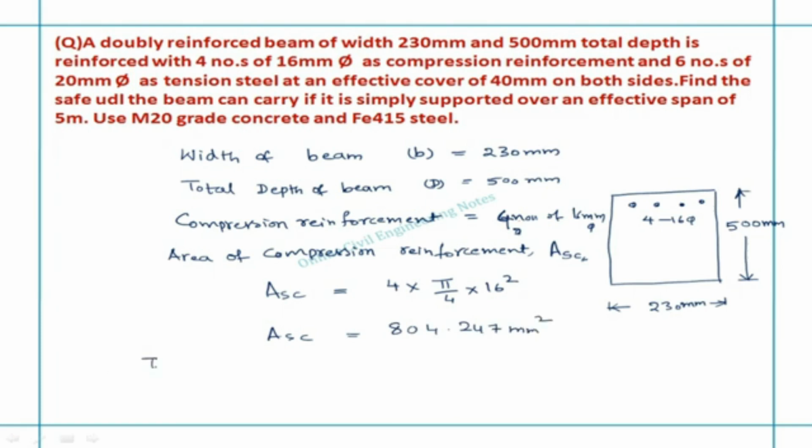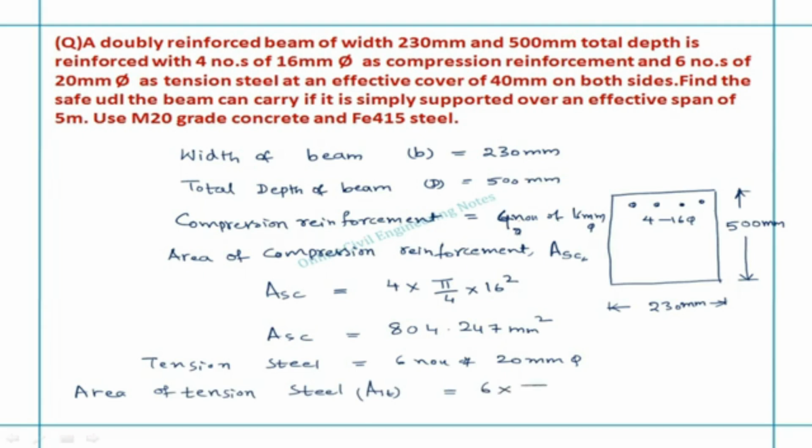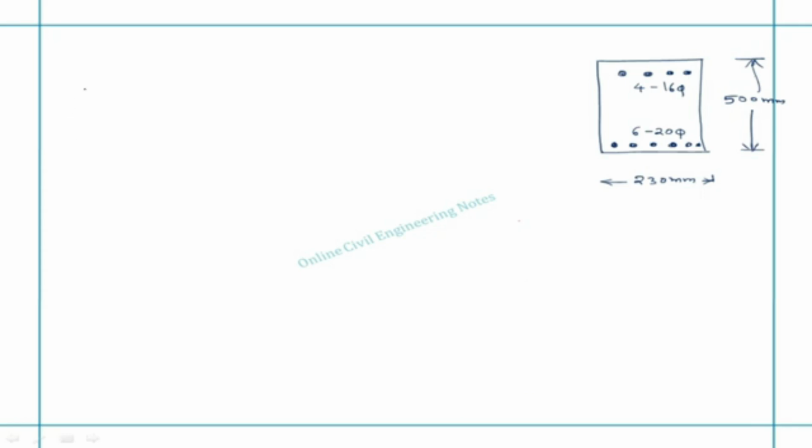Tension steel is given as 6 number of 20 mm dia. The area of tension steel is AST is equal to 6 into pi by 4 into 20 square. AST is equal to 1884.955 mm square.